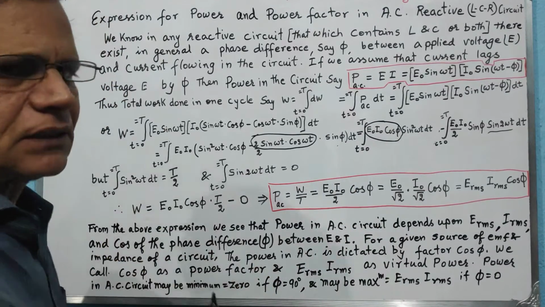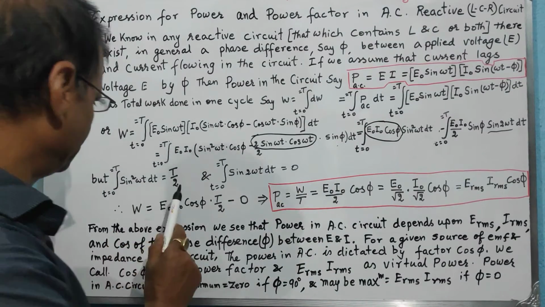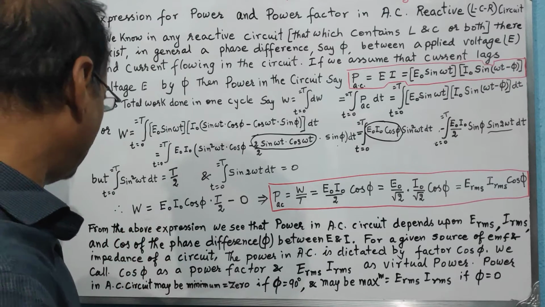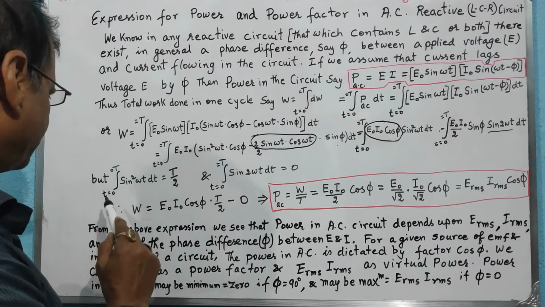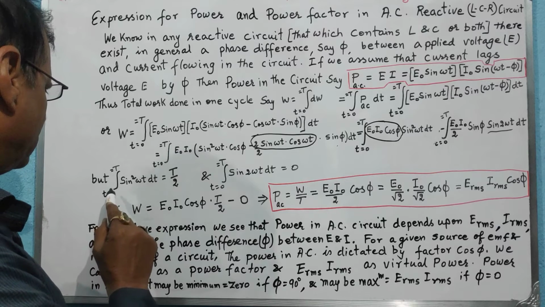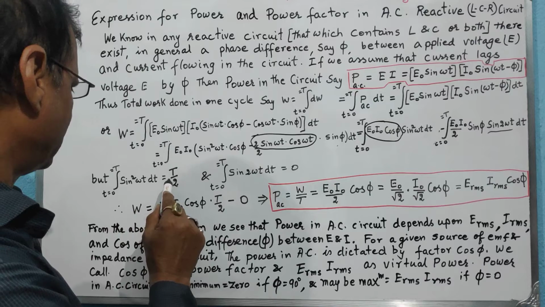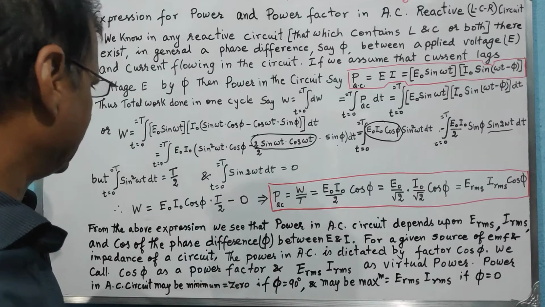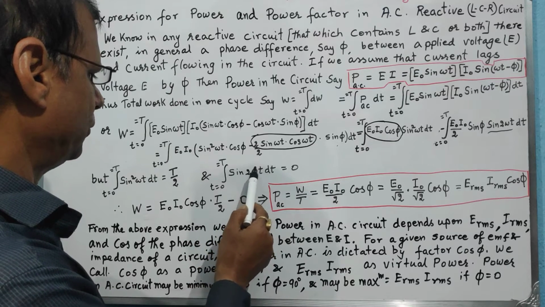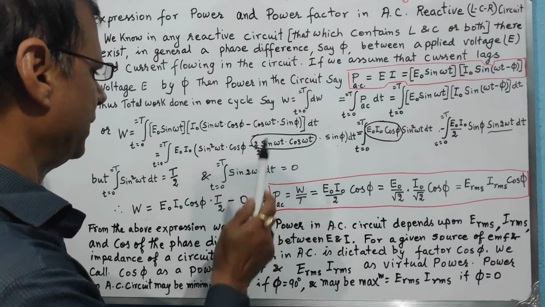Now you must refer to the previous lecture, in which we discussed the value of the integral of sin square omega t dt. The integration is found to be equal to this much, and for this relation, if you take t equal to 0, this term and that term both become 0.